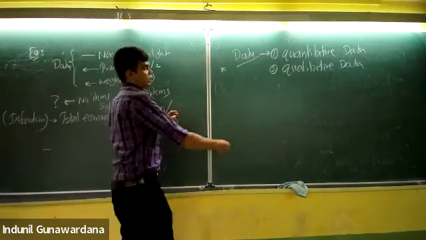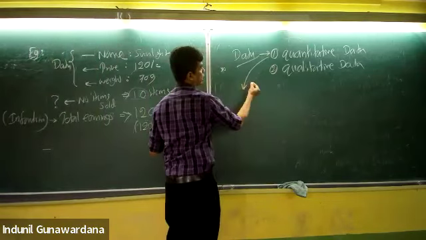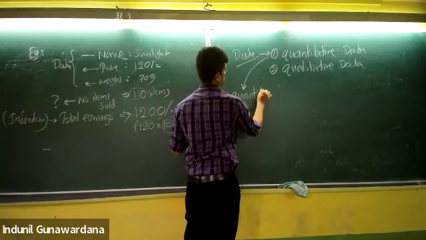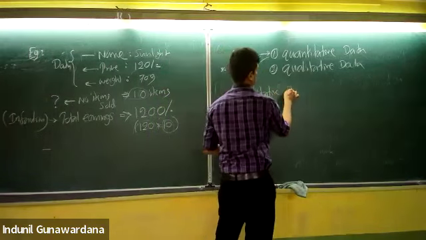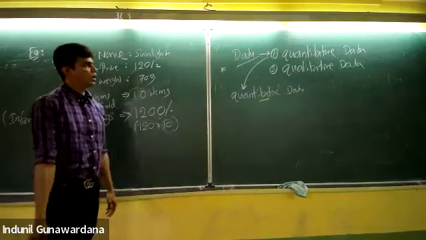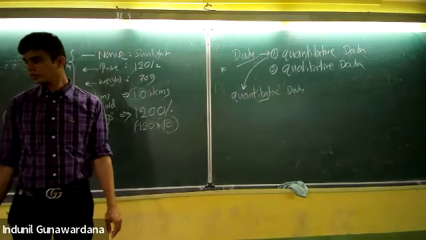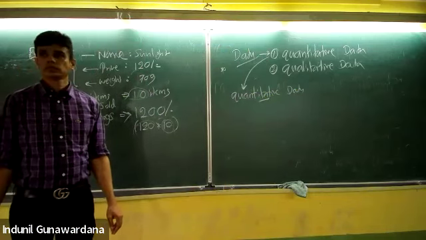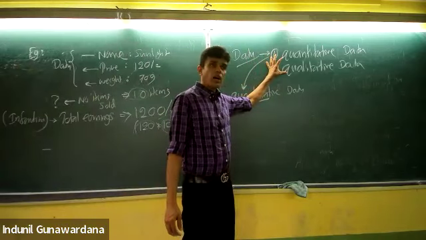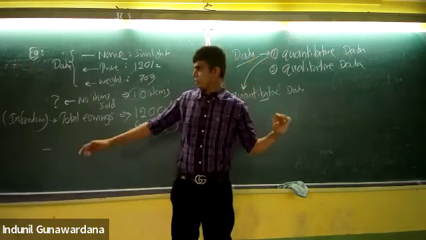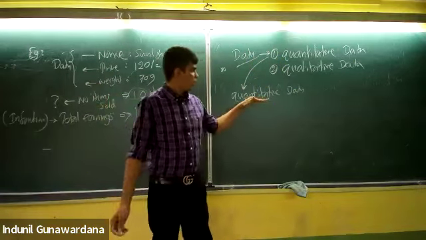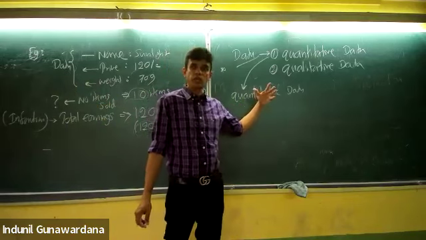Then we'll go to the first subtopic, quantitative data. Both of them are data. That means they are raw facts, but they are being categorized. What is quantitative? Very simple.